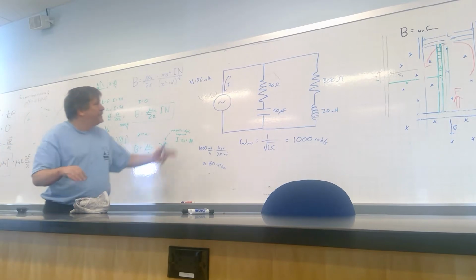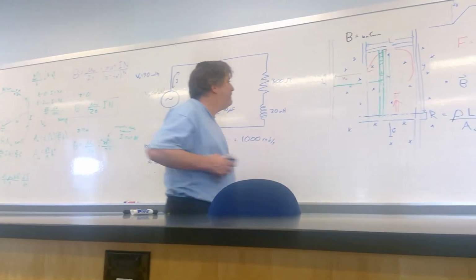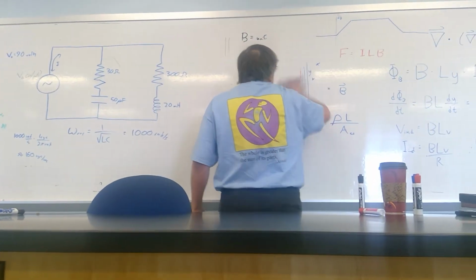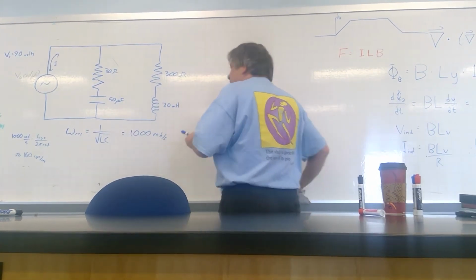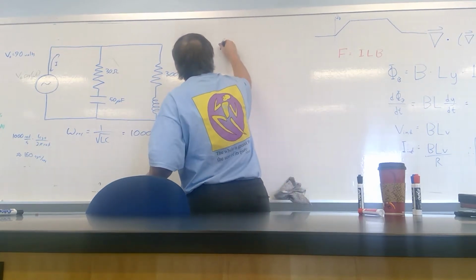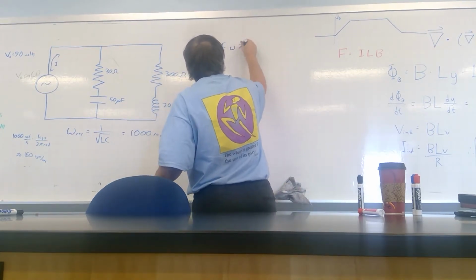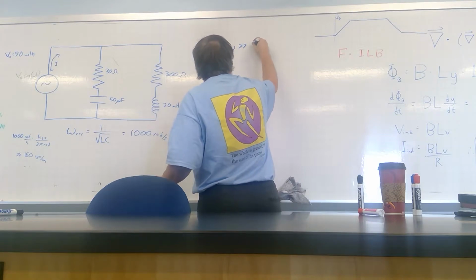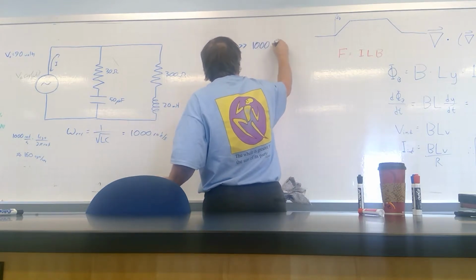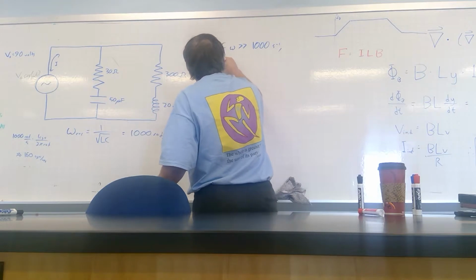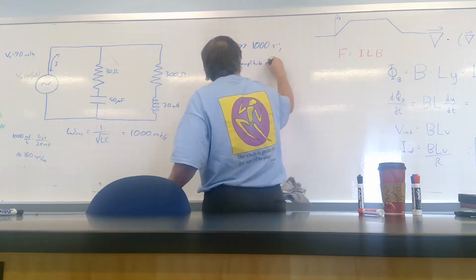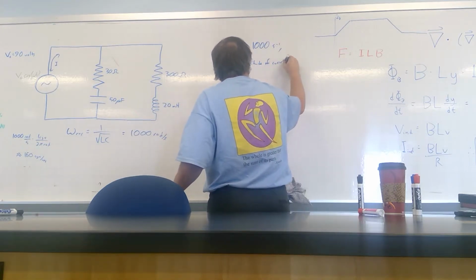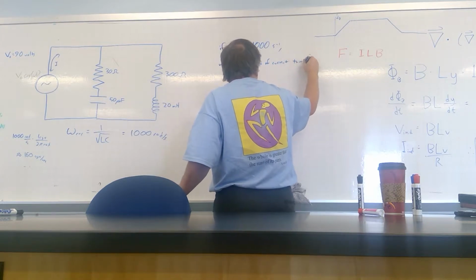What if I drive this circuit at a frequency that is much, much greater than that? So if I drive this thing at much more than a thousand radians per second, what will be the amplitude of current through the power supply?